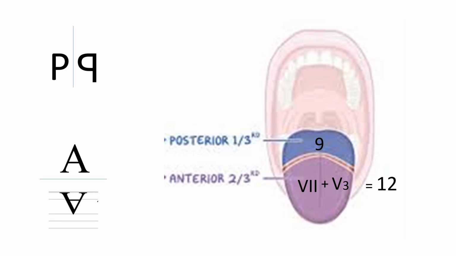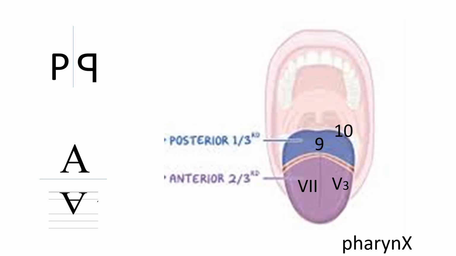That's quite easy when we think that on the left side of the anterior 2/3, there now exists the number 7, while on the right side, there now exists the number 5. And 7 plus 5 together is going to give you the total number of 12. So that represents the hypoglossal nerve, which then innervates that region specifically.